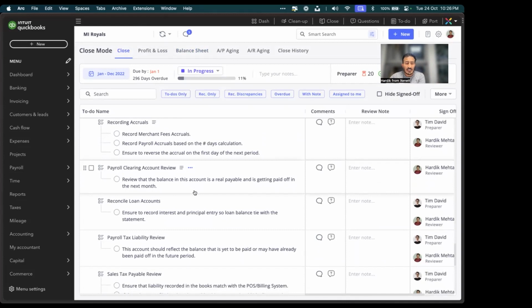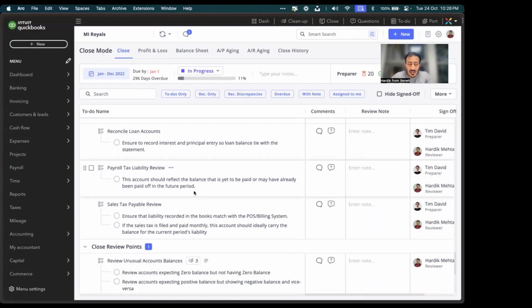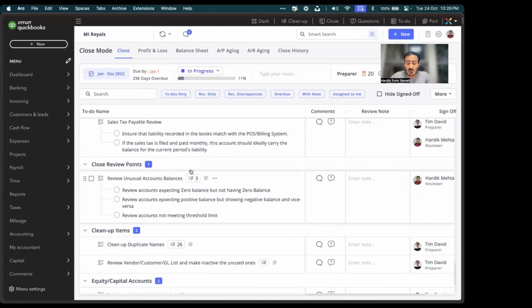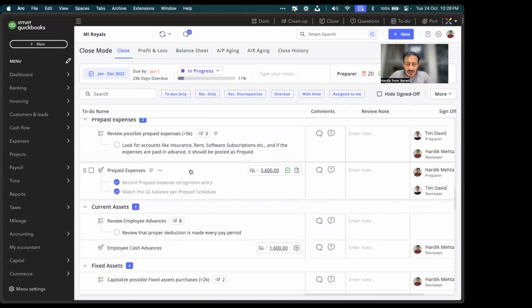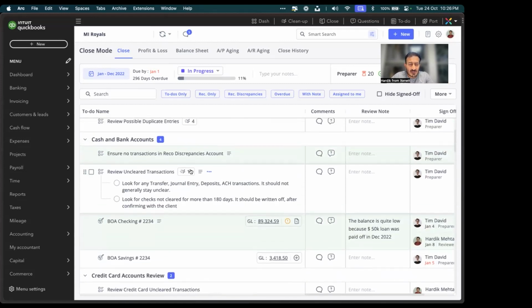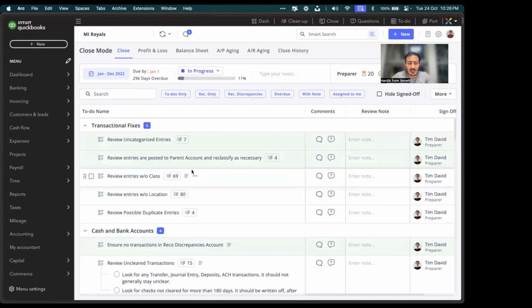Payroll accounts, especially payroll liabilities, clearing accounts, payroll tax liabilities, loan accounts, sales tax, and then we also have certain other cleanup activities, even the equity accounts and how to review them, right? And then we have some more bonus tips as part of the year-end cleanup that we'll be covering in the third.